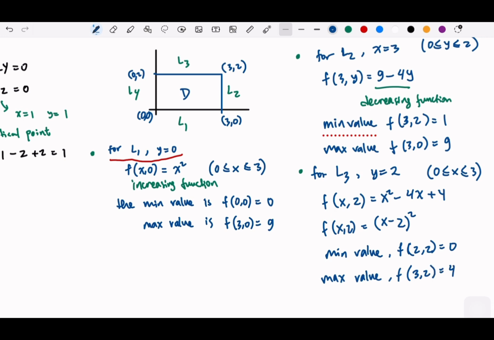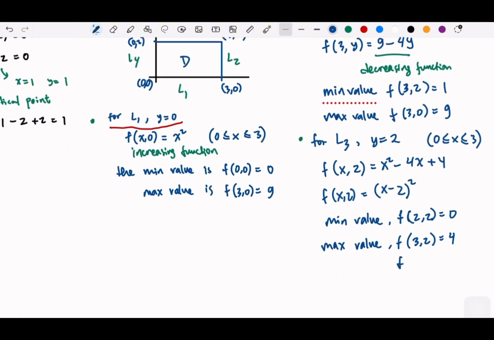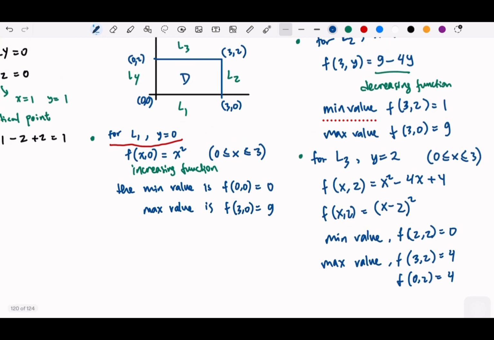Where is (0,2)? (0,2) will also be a max value.